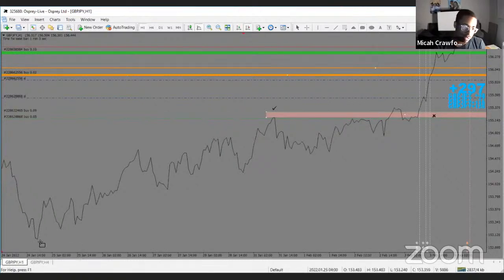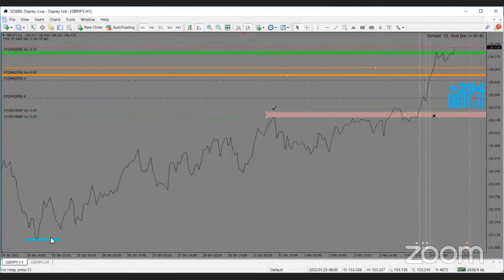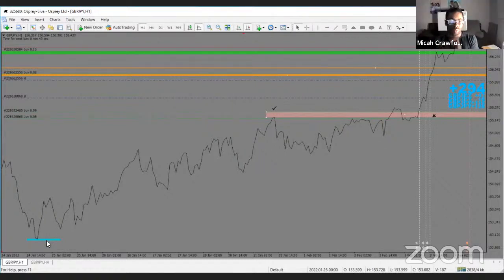So I want you all to tell me the area that's shaded in the light blue is what? That's a support level, or that's a low, right? Where can we see the market go up and stop?